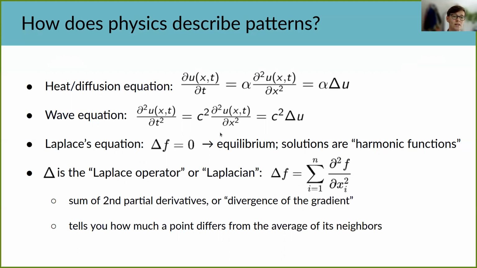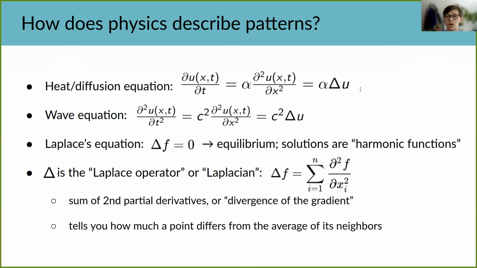So all we have to do is set this expression to 0. This is the same expression as here. Sorry for switching between u and f. And we set it to 0 and we solve for f. And then the solutions that come out of this, the functions that we find that solve this equation, are called harmonic functions. So that's what harmonic functions are.